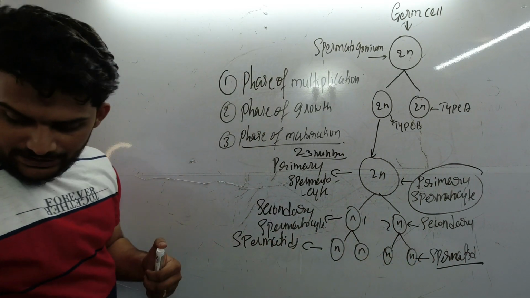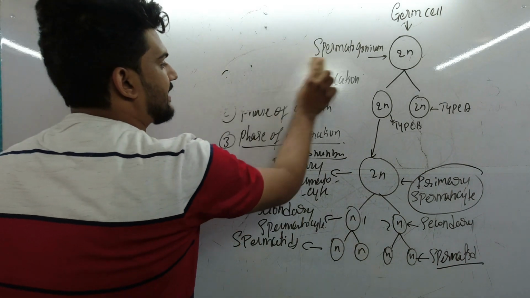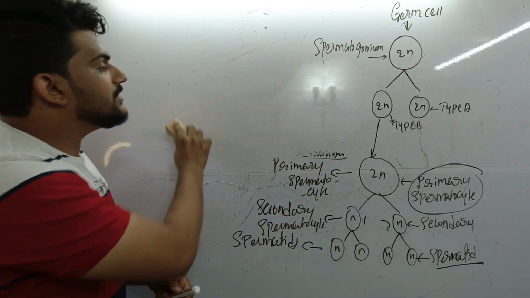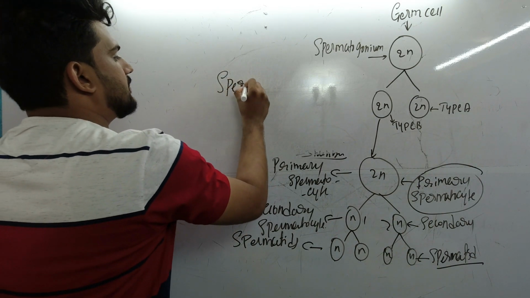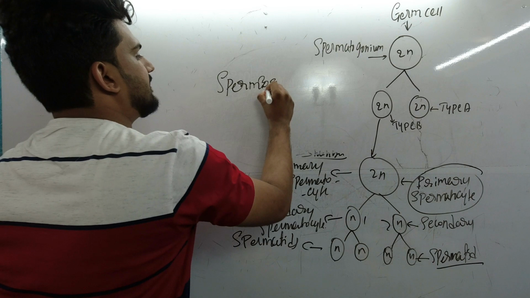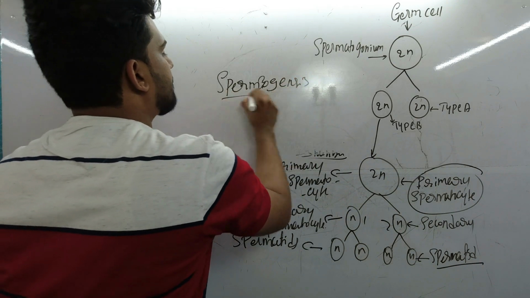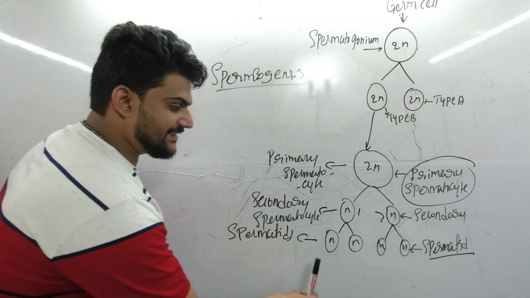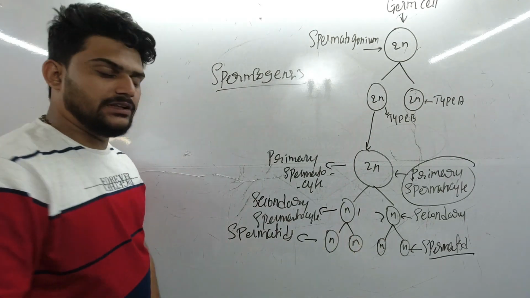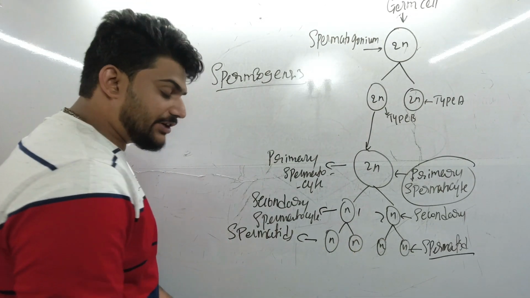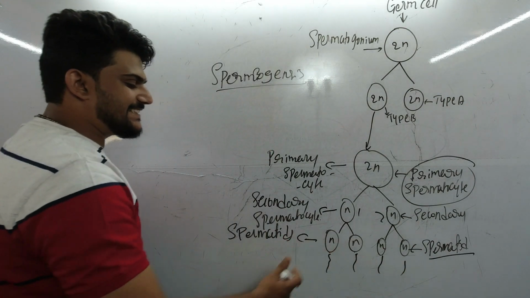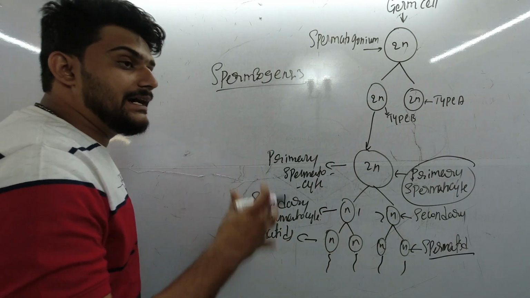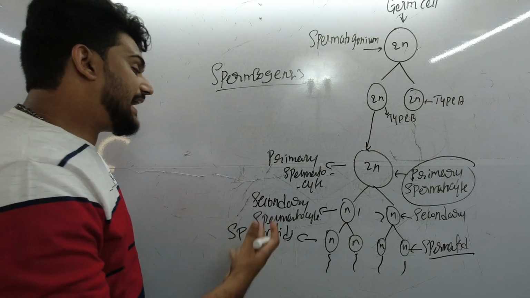There is a particular term called spermiogenesis. What is spermiogenesis? From these spermatids, 4 sperms from 4 cells are going to be generated, which will be non-motile and non-active sperms.